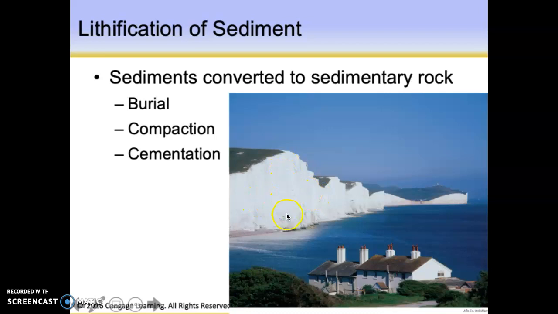And those white cliffs, which we find in Great Britain on the south coast of England along the English Channel, those are completely composed of what we would call chalk.